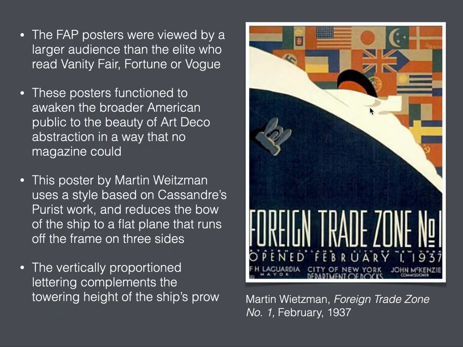And this poster uses a style based on A.M. Cassandre's Purist work, which reduces the bow of the ship to a flat plane that runs off the frame on three sides. Also a little bit reminiscent of the beggar staffs, of the Sachplakat style. And then you can see these letter forms are very vertically proportioned, which kind of complement the towering height of the ship's prow.